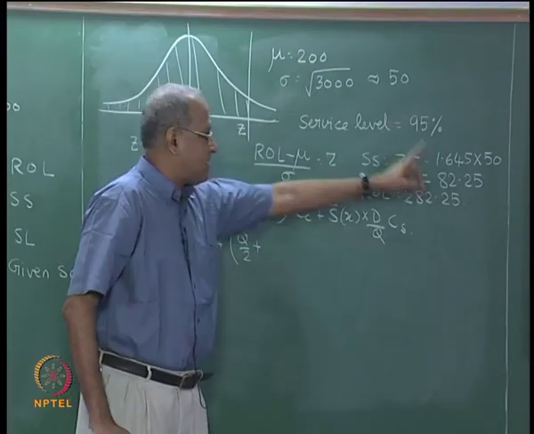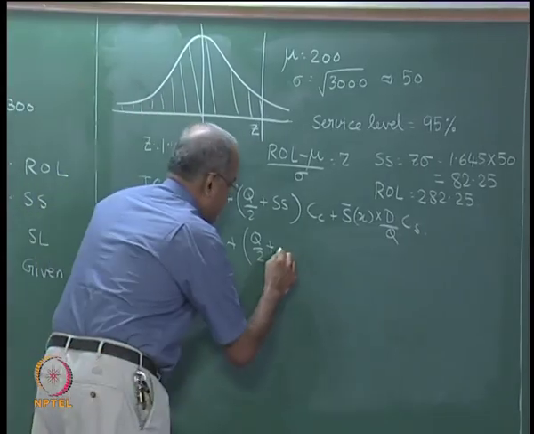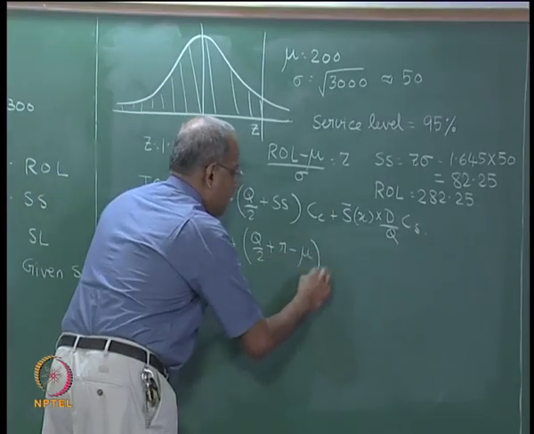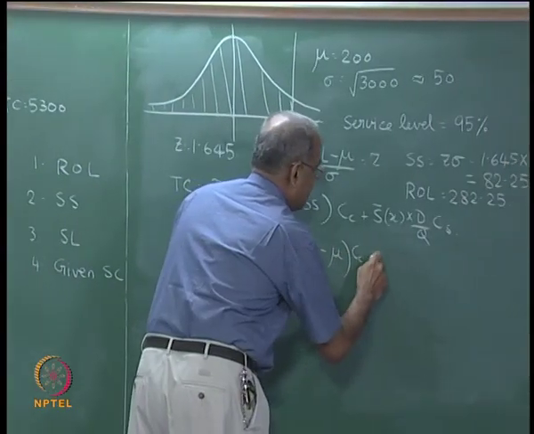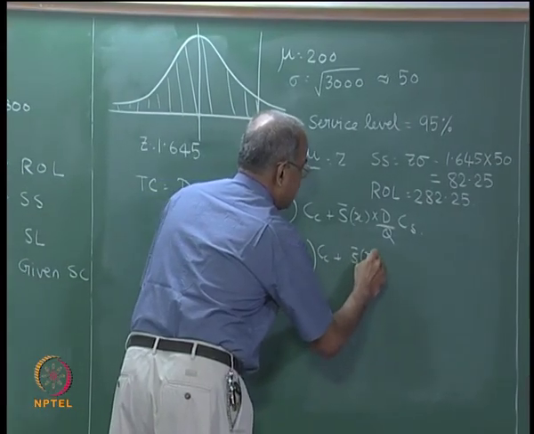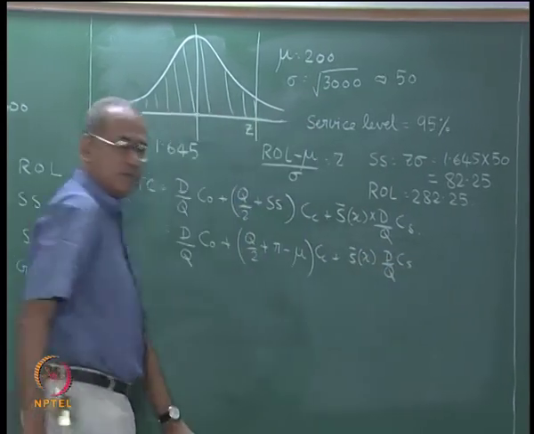So 200 plus 82.25 gives this. So safety stock can always be written as R minus mu, or R minus E of x, into Cc plus S bar of x into d by q into Cs.